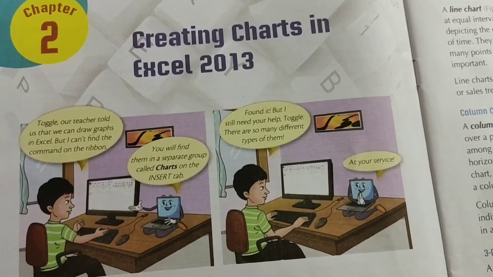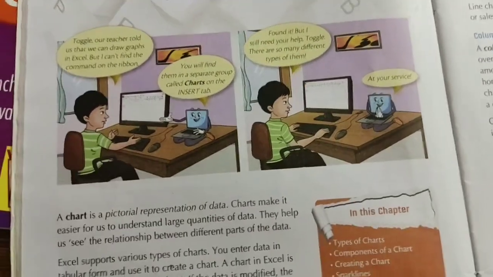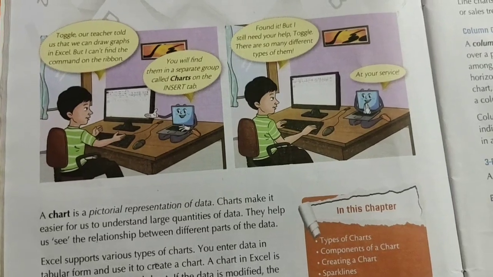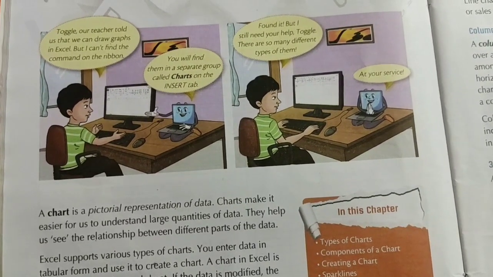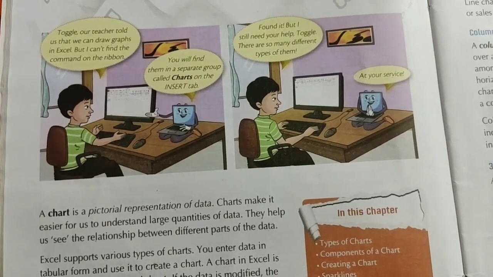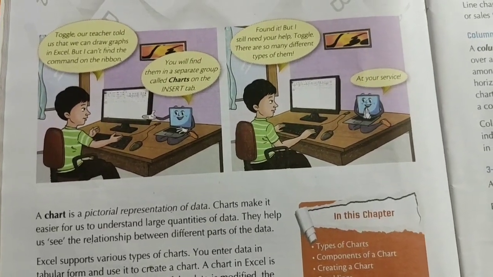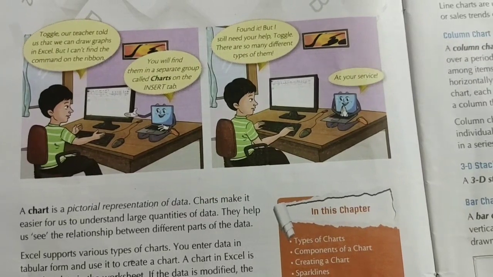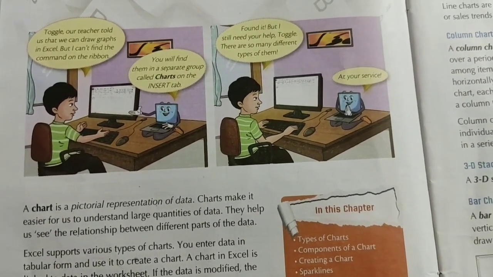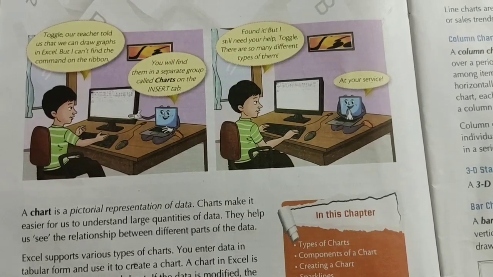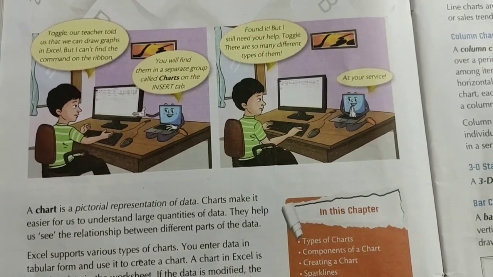When we talk about a chart, what comes to our mind? It is a graph. The meaning of a chart is a pictorial representation of data which allows us to display data in different chart formats. What are the different chart formats?